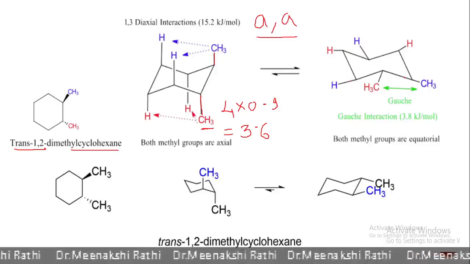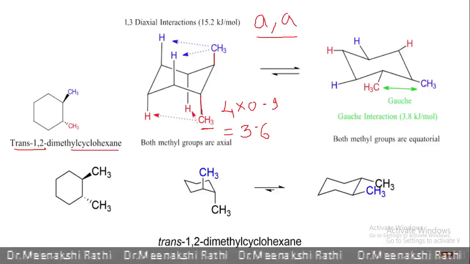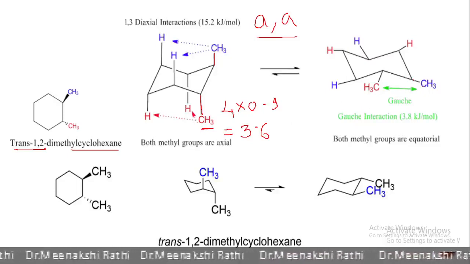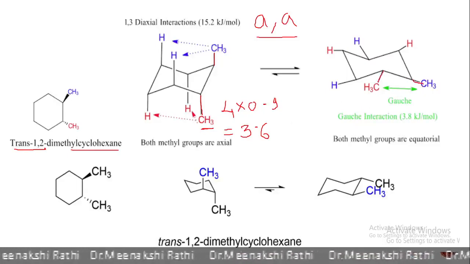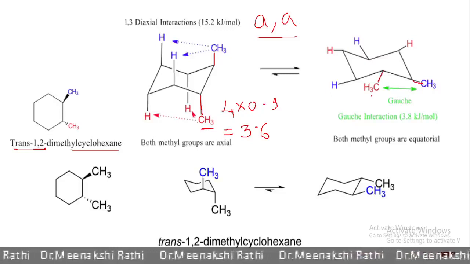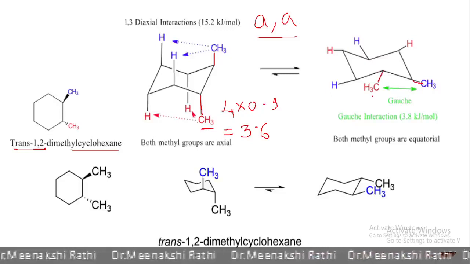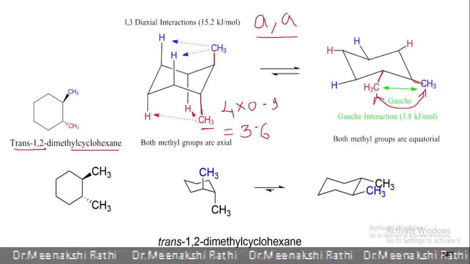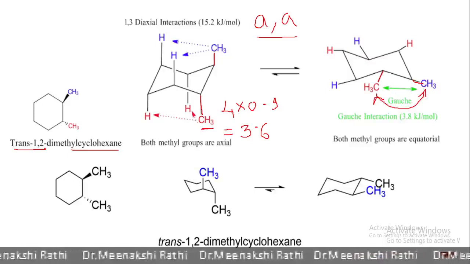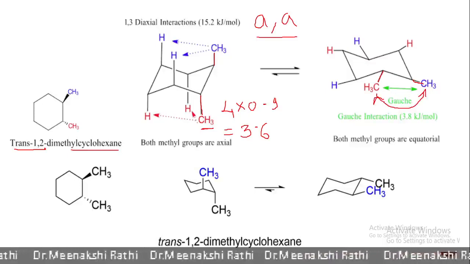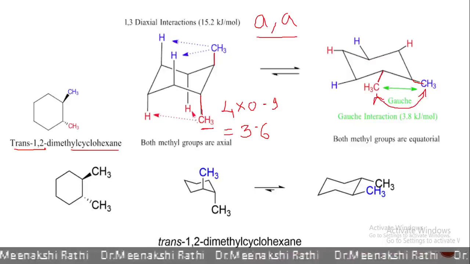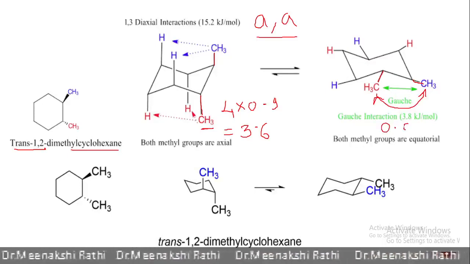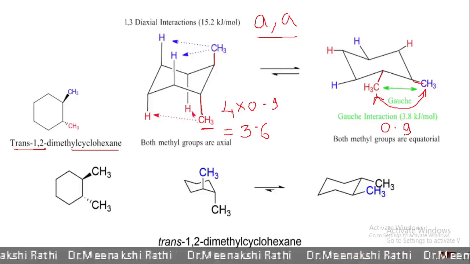While when the two methyl groups are in equatorial position, one above the plane and one below the plane, it possesses only one interaction, between these two methyl groups, that is a gauche interaction. Here there is no 1,3-diaxial interaction, only the gauche interaction, and for one interaction the total energy is 0.9 kilocalorie.